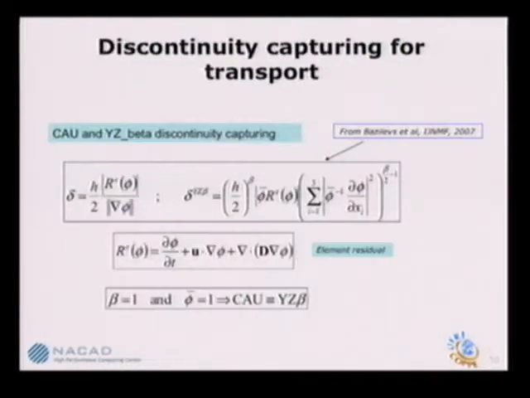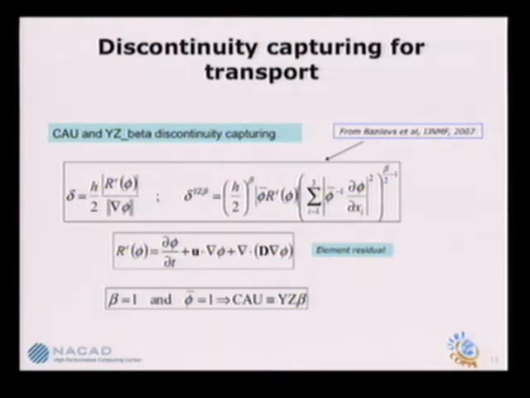There's a technical side here: for the transport, we use this, which is basically a residual-based term. But look at these equations. This is just a residual scaling, which is based on the element residual, the finite element residual.